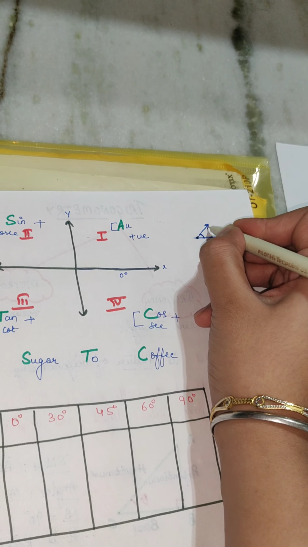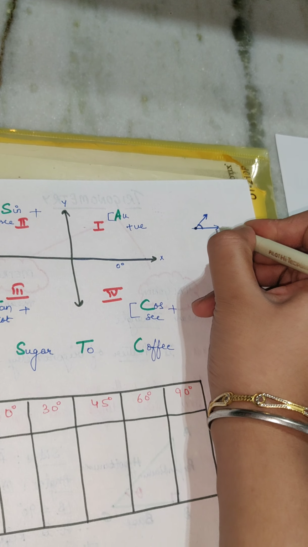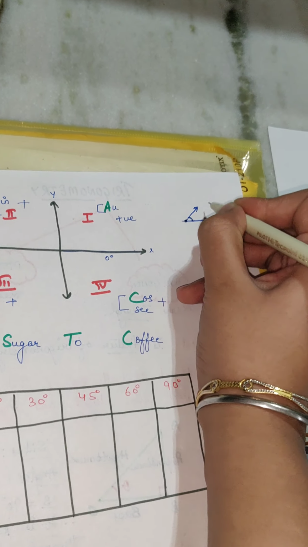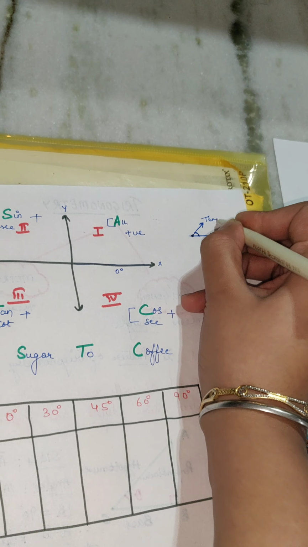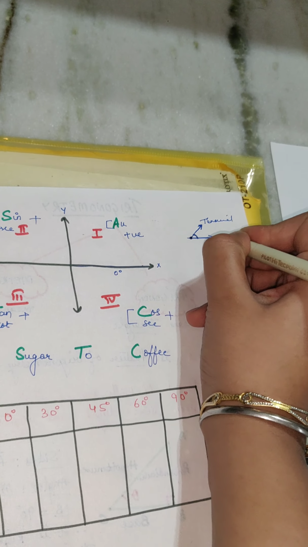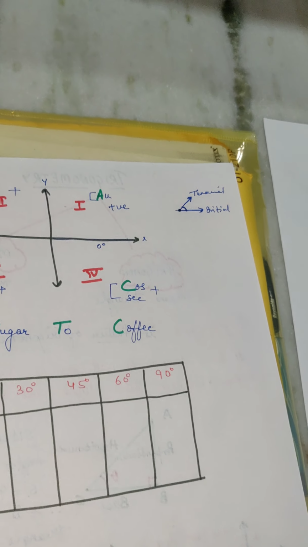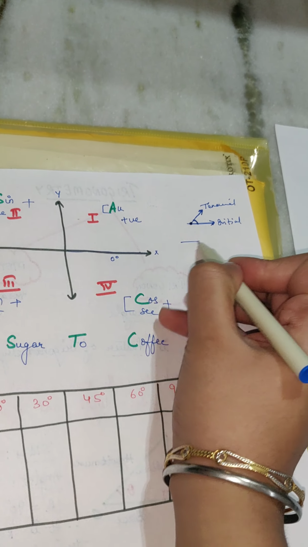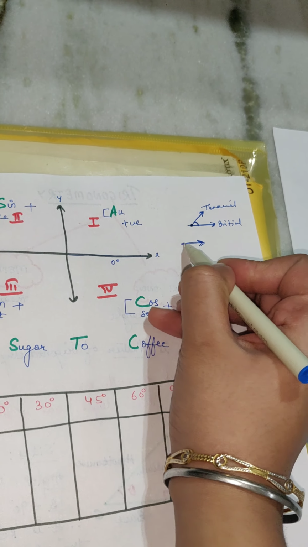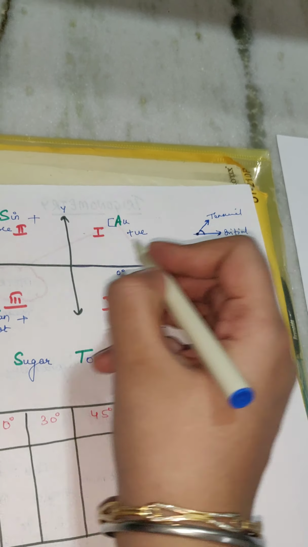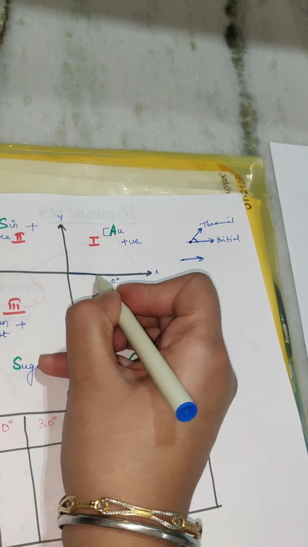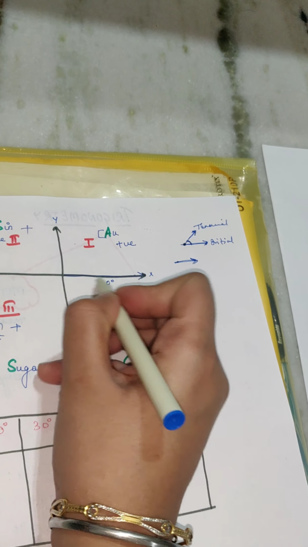Now if we make this terminal line coincide with the initial line, what will happen? It will be on this line. That means there is no angle between them. That means the angle is 0 degree, right? So if we take this line only, the angle is 0 degree.